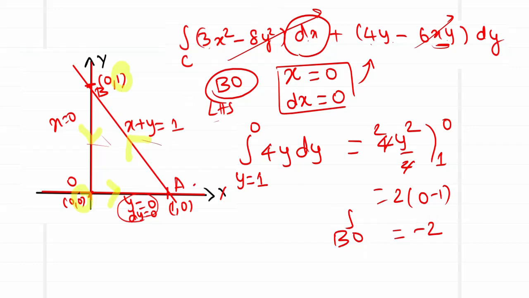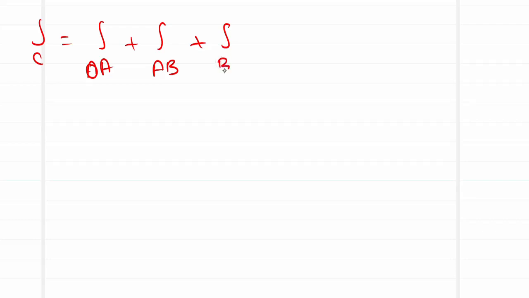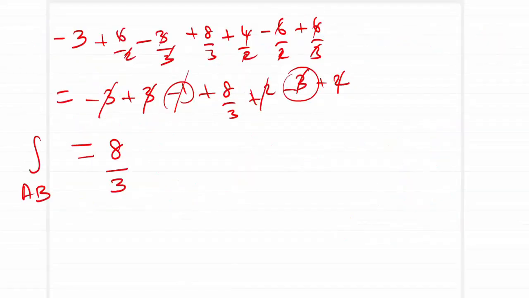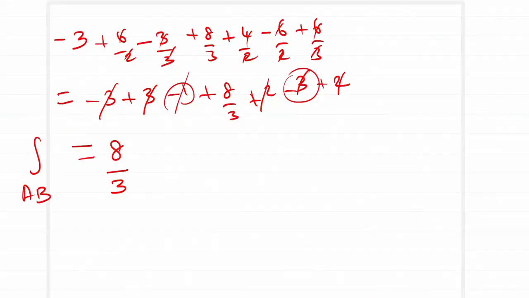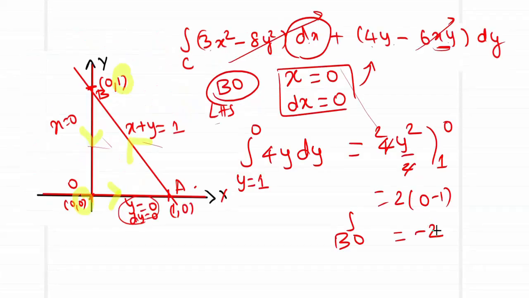So now for me, the integral along the curve C is the addition of the three parts: integral along OA plus integral along AB plus integral along BO. Let us accumulate all the three values. The first curve along OA, what was the answer? The answer was 1. The next curve was 8 by 3 and the third curve was minus 2.